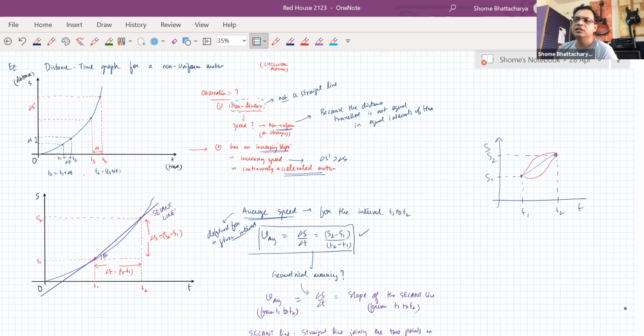So first of all, we can see in this example that average speed itself is not remaining constant. Average speed from T1 to T2 is not the same as average speed from T3 to T4, even though the time interval is the same. So let alone the comparison between instantaneous and average, even average is not the same if I take two different intervals.